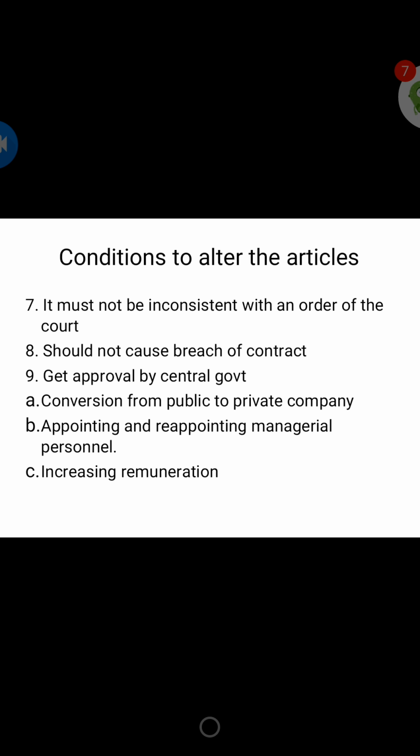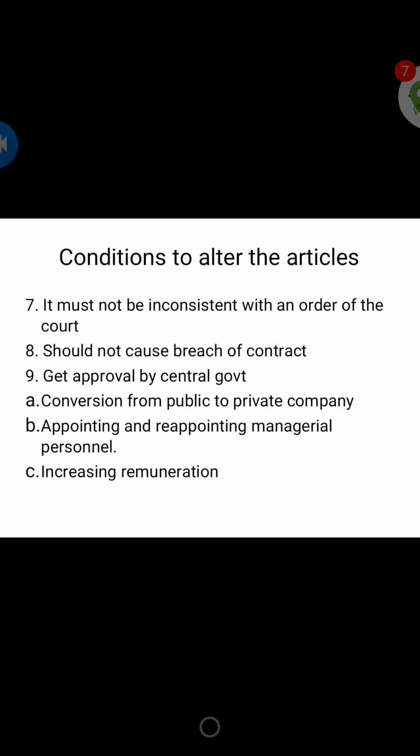The next is, it must not be inconsistent with an order of the court, which means whatever the court says, it should not go against that. The next is, the alteration should not cause a breach of contract with an outsider.